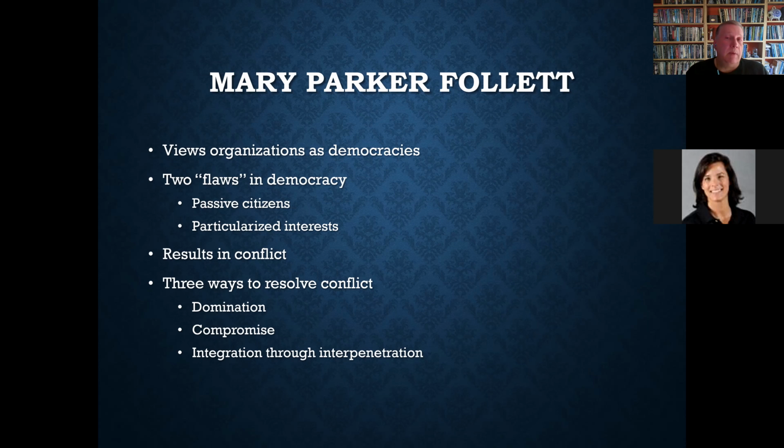But the way usually people participate in governance in a democracy is through voting. Voting is a relatively passive way to participate in self-governance. You decide who you're going to vote for, you then vote on election day, and that's pretty much the extent of your participation. So she says democracies really kind of channel people toward these passive ways of participating. It's kind of the same thing in organizations.